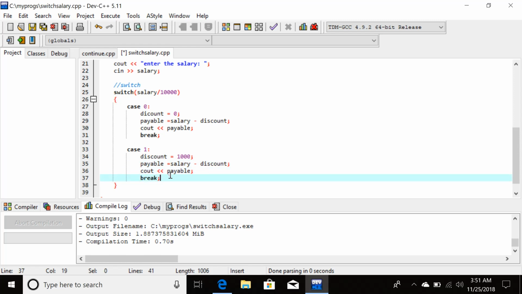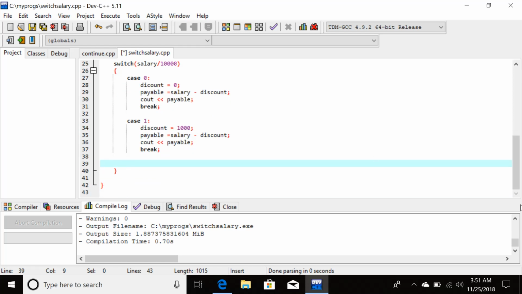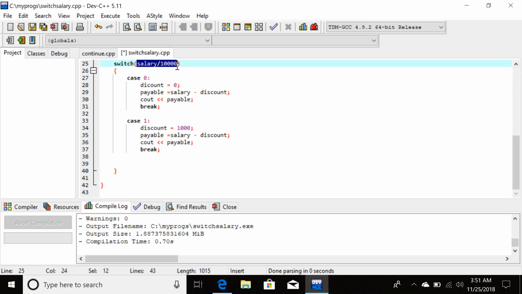Now the other case is other than 0 or 1, so it could be 2, 3, 4 depending on how large the salary is than 20,000. So we don't use any case, because if we use case 2, and the salary is 30,000, then 30,000 divided by 10,000 will generate the answer 3, and there will be no case for that.